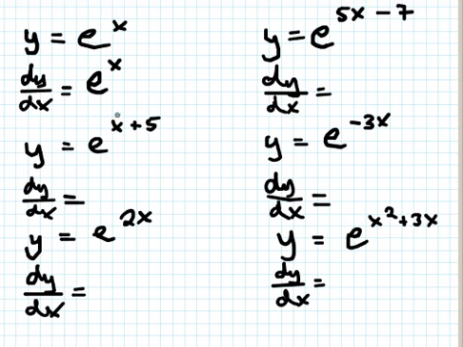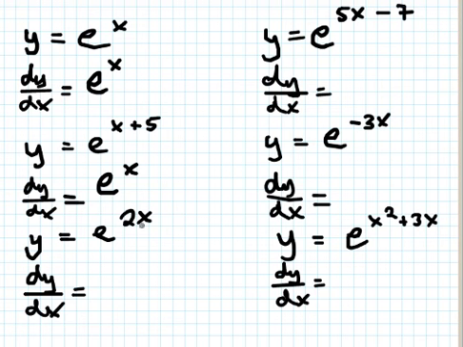So it's 1 plus 0, which is 1. So this is also times 1, which doesn't change anything. So the derivative is e^(x+5).